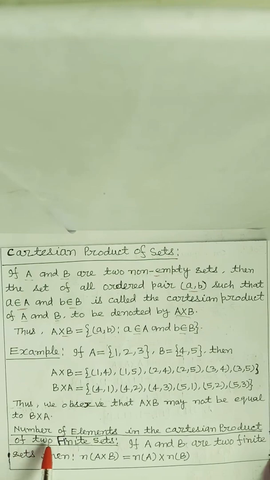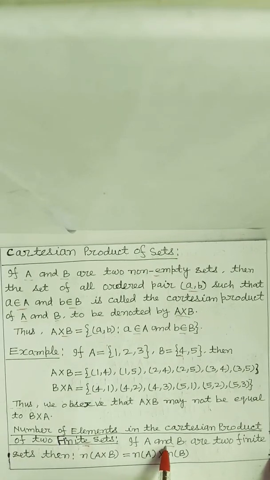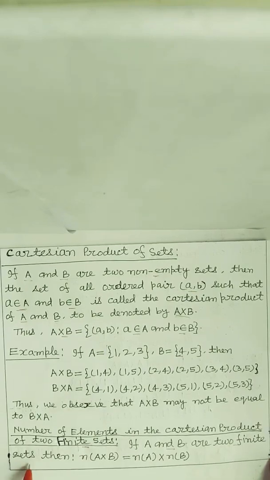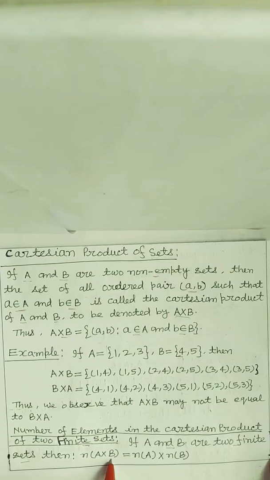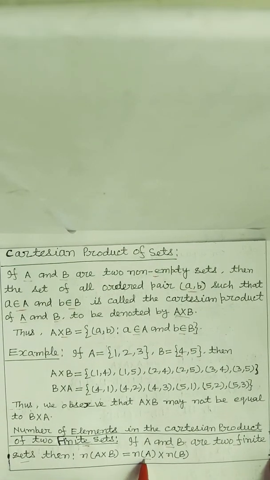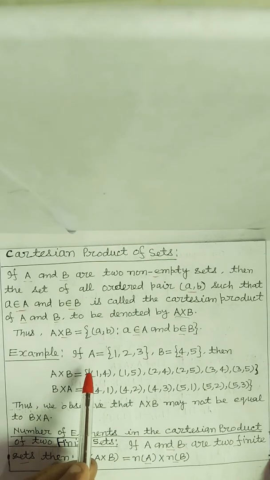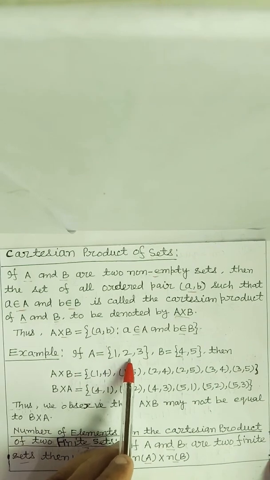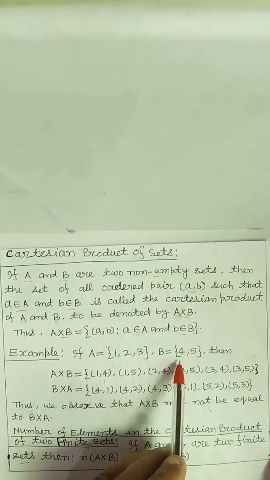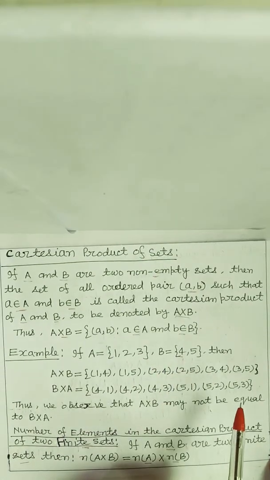Now we discuss number of elements in the Cartesian product of two finite sets. If A and B are two finite sets, then number of elements in A cross B equal to number of elements in set A into number of elements in set B. Here, from above, set A having 3 elements, n(A) is equal to 3. Set B having 2 elements, that is n(B) equal to 2.